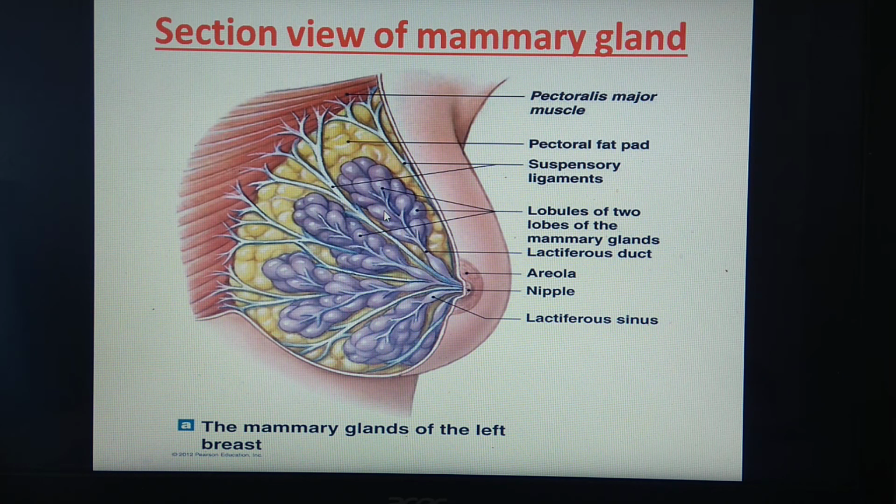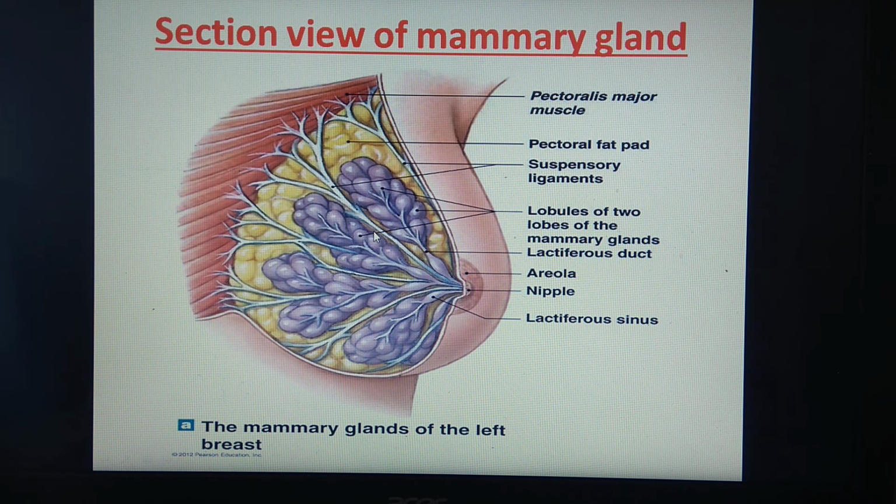So the glandular structure contains mammary lobes, and these mammary lobes consist of alveolar glands. We can say the alveoli or sac-like structures are seen. The function of these alveoli or sac-like structures is to secrete milk. These alveoli will open into the ducts which are called lactiferous ducts.